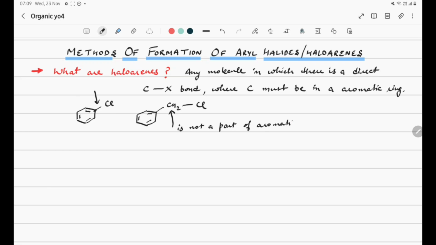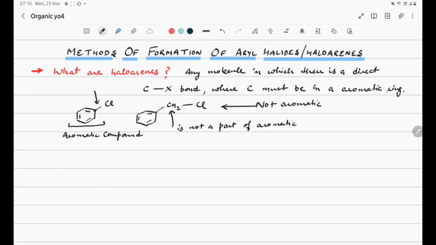So by this definition, benzyl chloride is not aromatic, whereas chlorobenzene is definitely, we know, an aromatic compound.